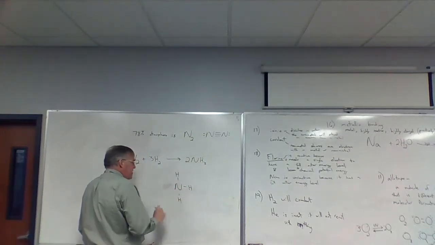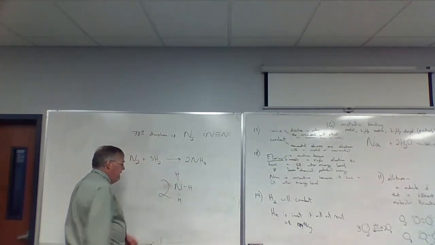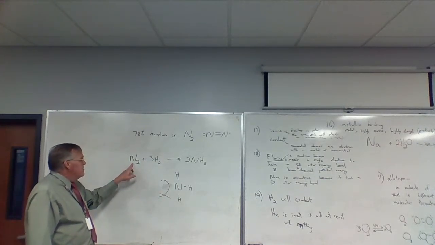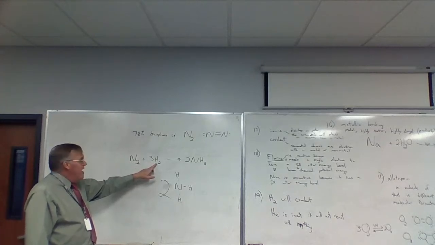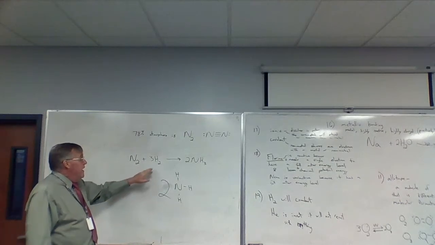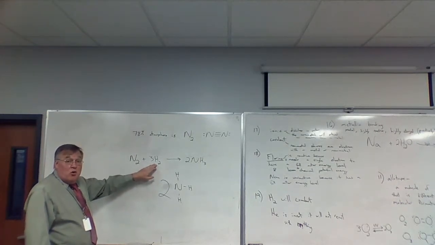I was done. That's NH3. Okay? And you get 2 of those. 2 NH3 molecules with 1 nitrogen diatomic molecule from the atmosphere and 3 hydrogen diatomic molecules from a source.